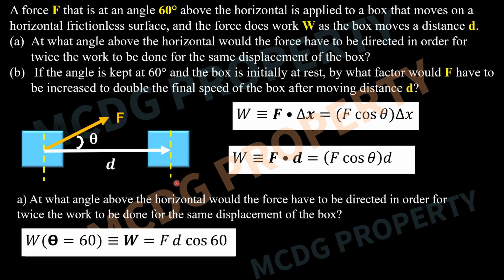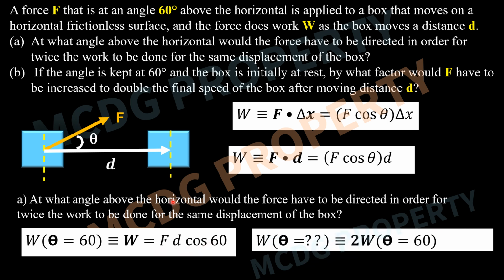Okay, so we have here the work done when theta is equal to 60 degrees, as given in the problem, is equal to W. So the work done when theta is equal to 60 degrees at a distance d moved by the box is W. Now that is equal to, based on this equation, F d cosine 60 degrees.